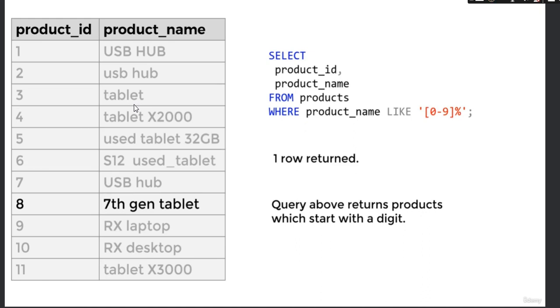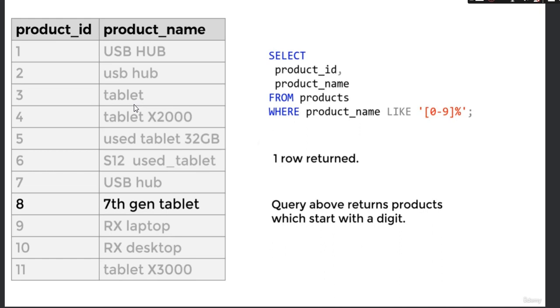We have an open square bracket, 0 hyphen 9, close square bracket, and then a percentage sign. This is a wildcard for any digit from 0 to 9 for the first character. Then we have a percentage sign indicating we can have any other characters following the digit.